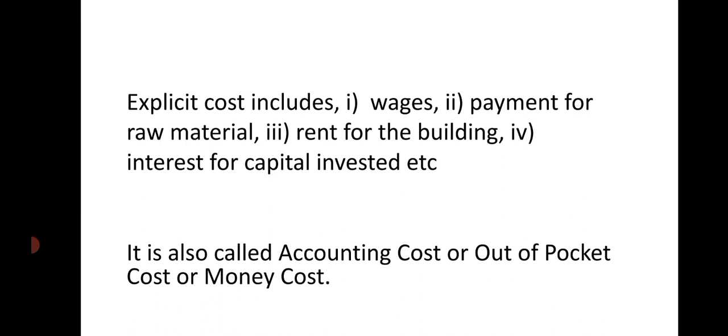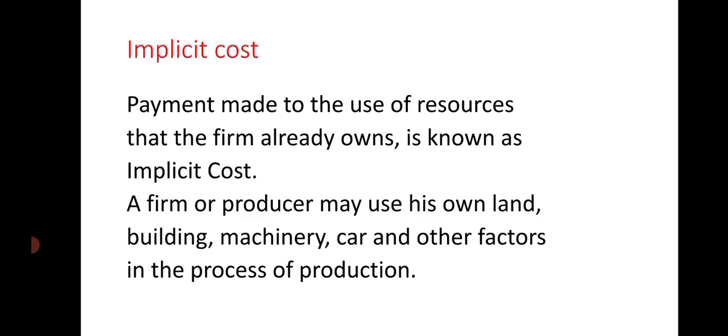Then fourth type is implicit cost. Implicit cost means the producer uses their own property to produce the products. The owners use their own properties, and the value of that property is called implicit cost. Payment made for use of resources that the firm already owns is known as implicit cost.